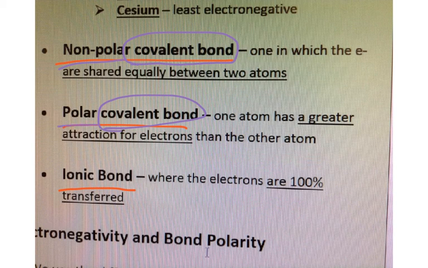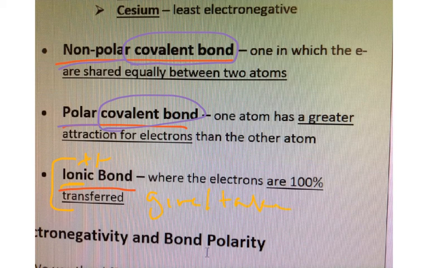And then ionic bonding, if you look at that word ion, which means that you have a positive or a negative charge, the electrons are not being shared. Instead, one atom is entirely giving up its electron to another atom. So ionic bonds are a give or take of electrons.